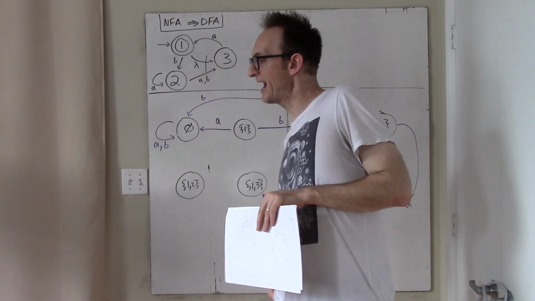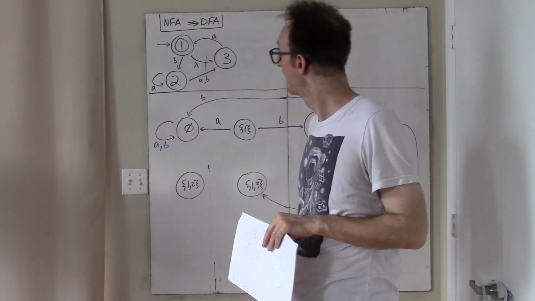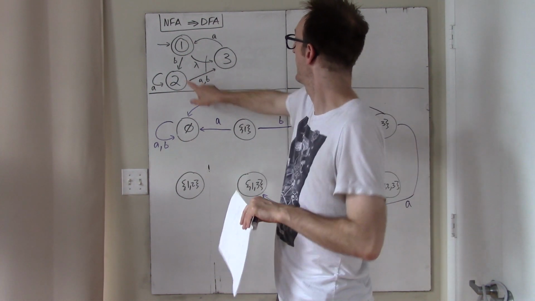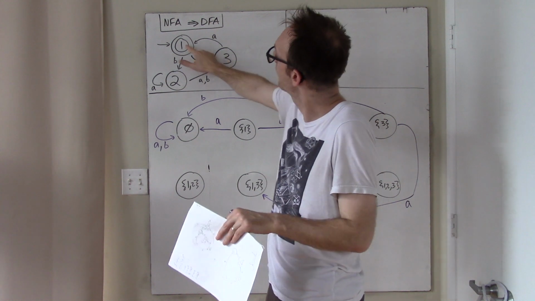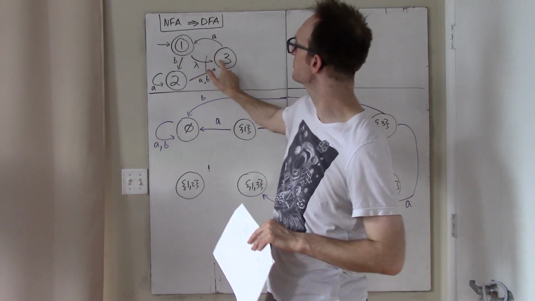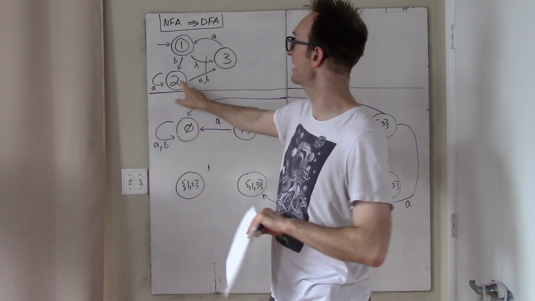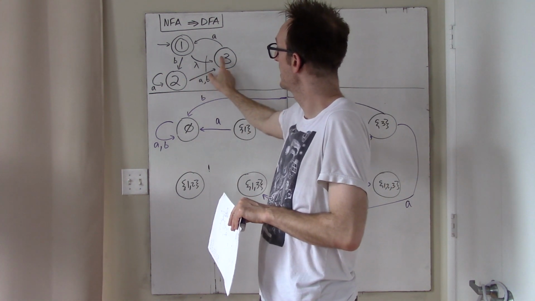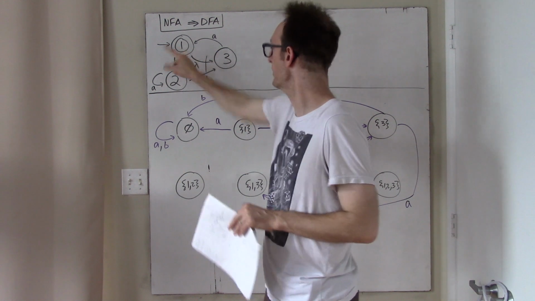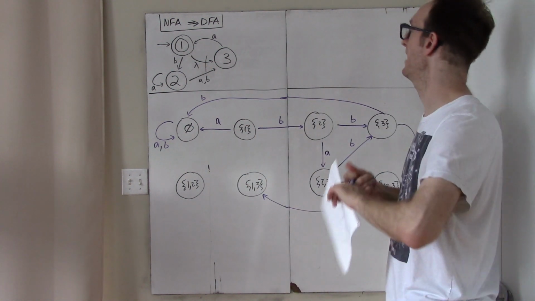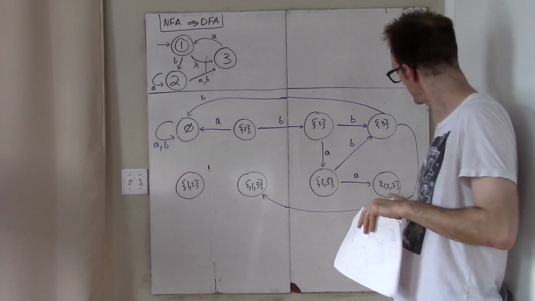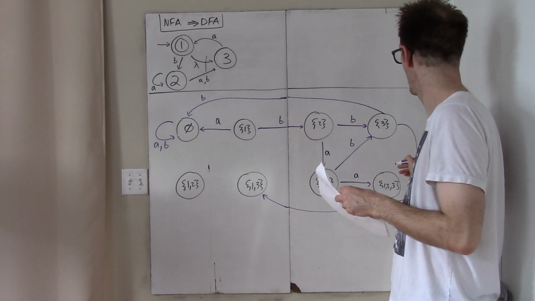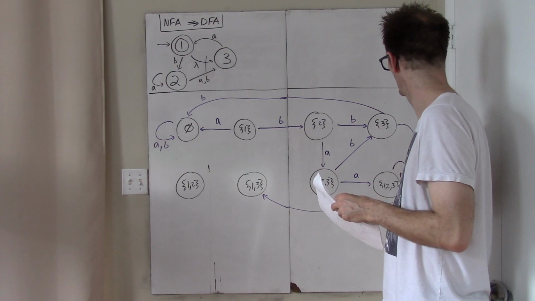And if I am in 3 and I read an A, I go to 1, but then I Lambda transition back to 3. So once again, I go to 2 and also to 3 and also to 1.